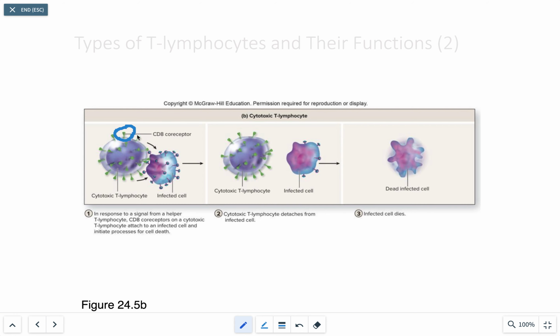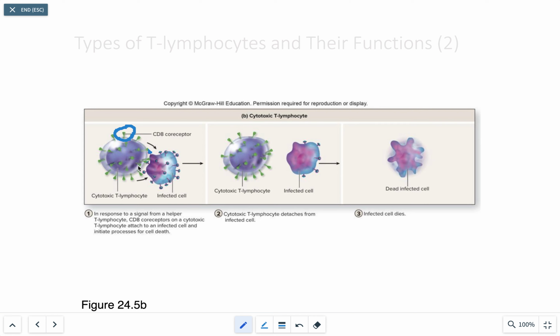Their job is to come in direct contact with an infected or foreign cell. So here we have the antigen present on the infected cell. The CD8 coreceptor will bind to that, and then once it binds to it, it will come in direct contact and kill the cell.